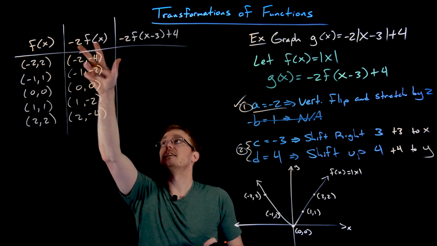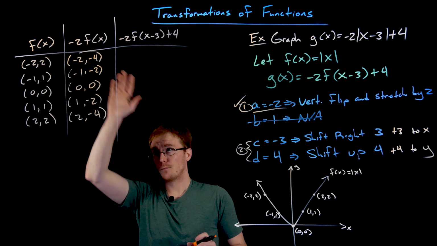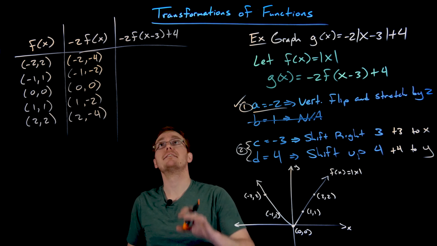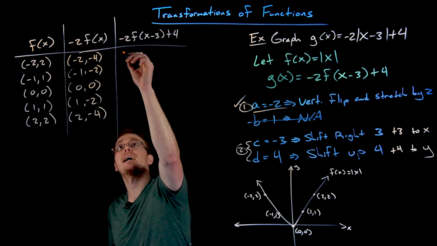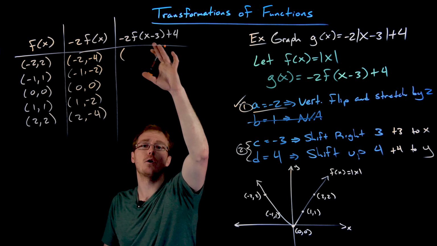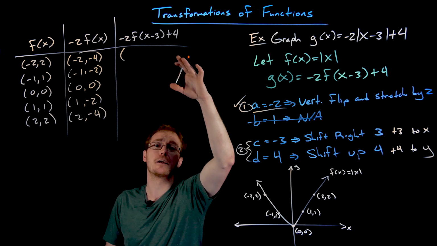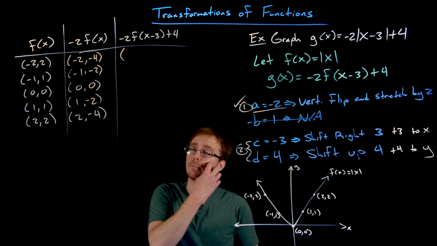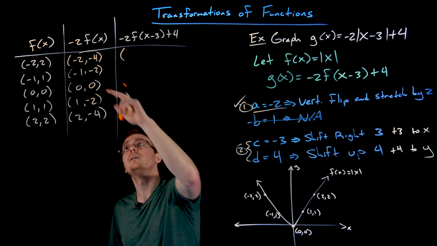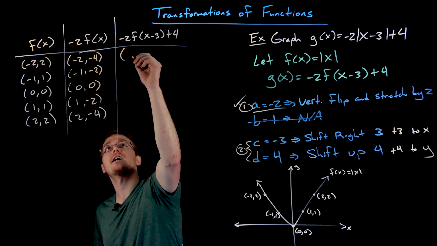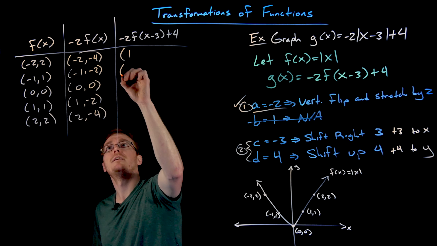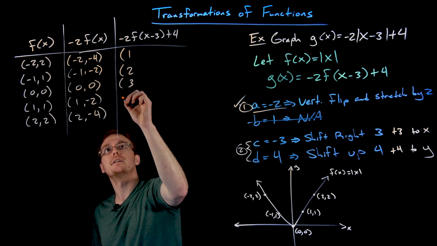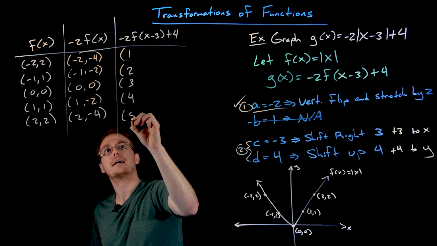So we've already taken care of the -2 out front. Already multiplied our y coordinates by -2. Now we're adding 3 to all of our x coordinates. And I usually like to do all the x values together and then all the y values, but you can do it point by point. You just got to keep everything straight. So if I add 3 to all of these x values, I get 1, 2, 3, 4, and 5.